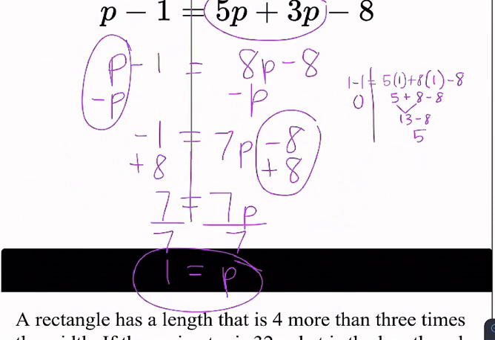7p minus 8 equals negative 1. Add 8 to both sides.